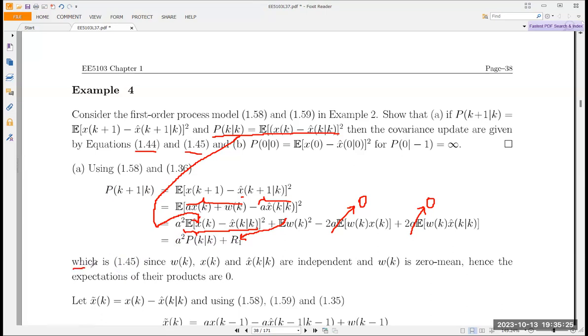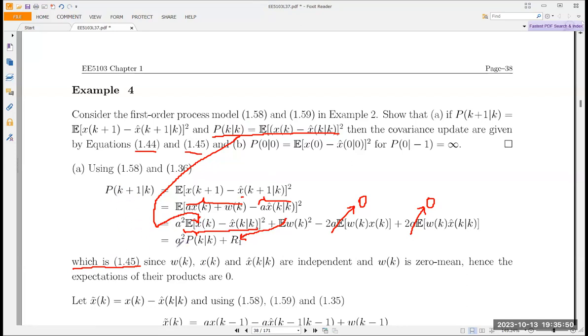is 45. Okay, so I have shown equation 45. If this is the covariance of this, and this is this, which is the covariance of this, then indeed 45 is this.